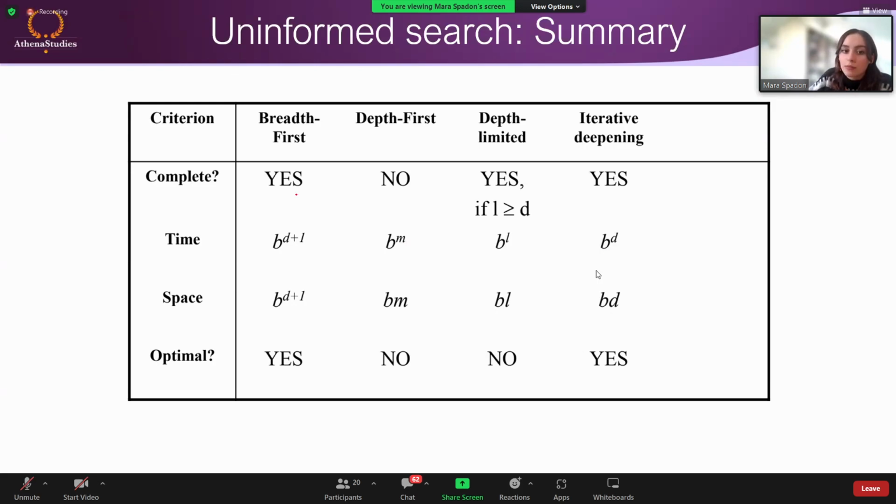So you don't have to memorize the values here, but you do have to know which one is faster, which one saves more time or space, things like that. So you know that depth-first takes a long time, right? And you know that breadth-first is faster. You know that depth-first iterative deepening has a larger time and space complexity, but at least it is optimal, just things like that.